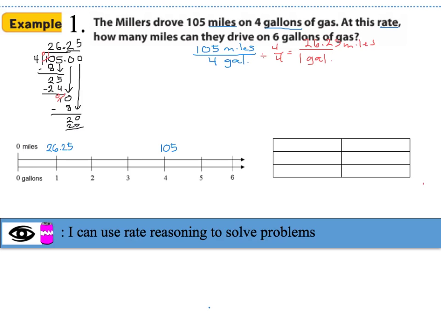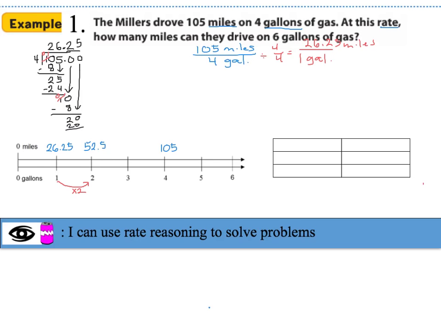Now that I have the unit rate, I can figure out any other rate that I need. So for example, if I take the unit rate and multiply it by 2, top and bottom, I would get 2 gallons on the bottom and 52.5 miles on the top.